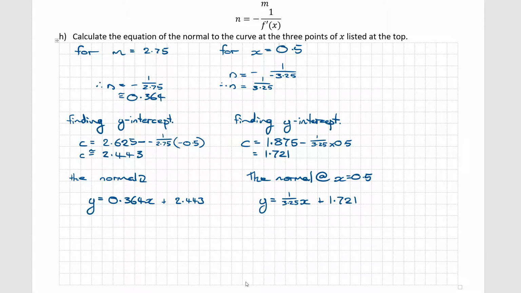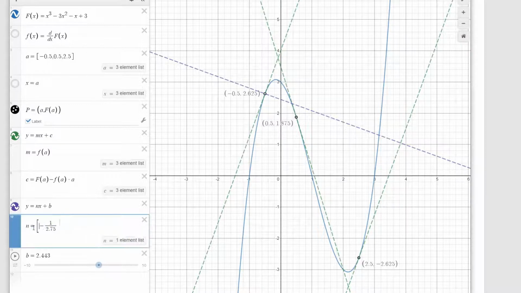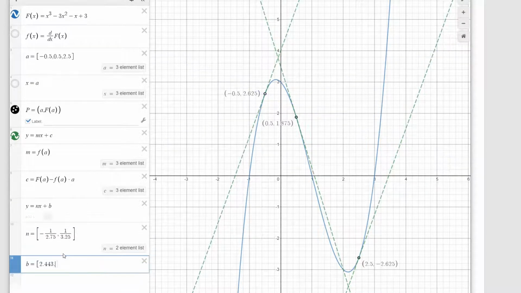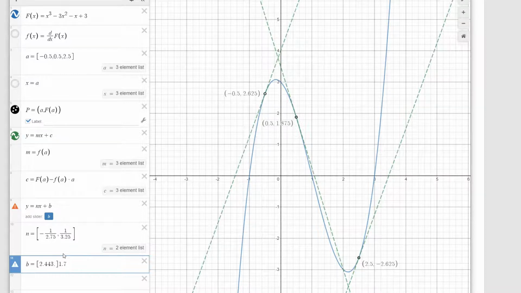Throwing it in Desmos once again. Let's write this as a list. So 1.721, and that needs to be a comma.